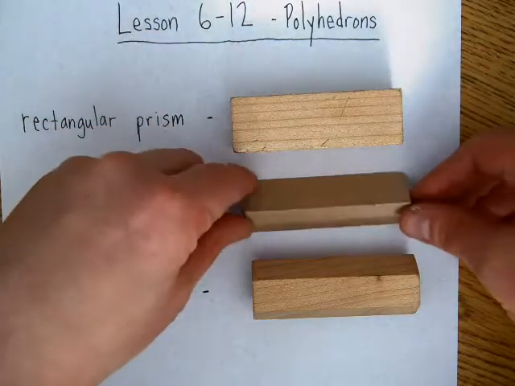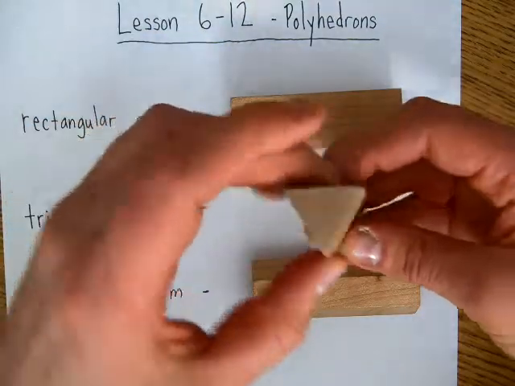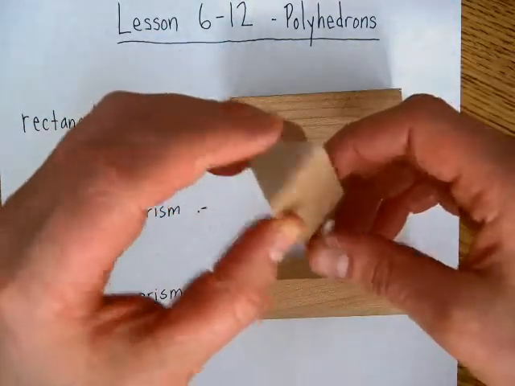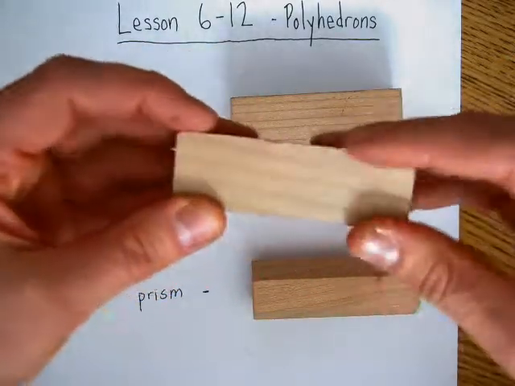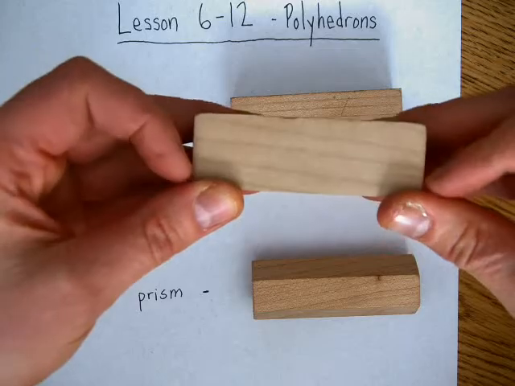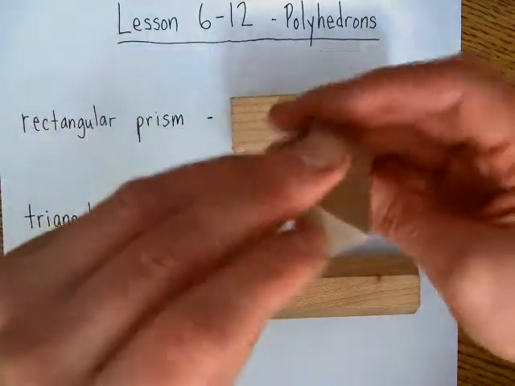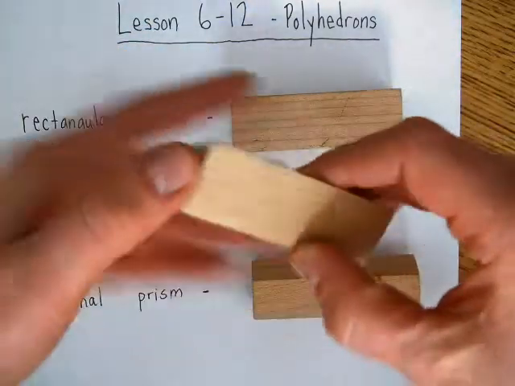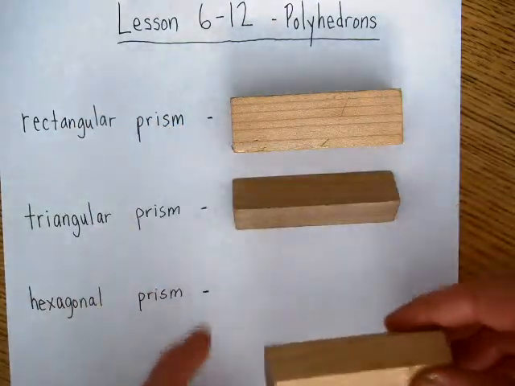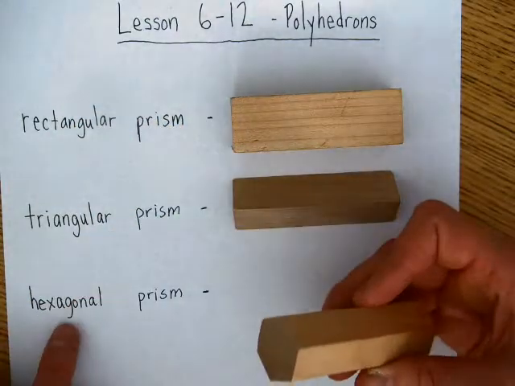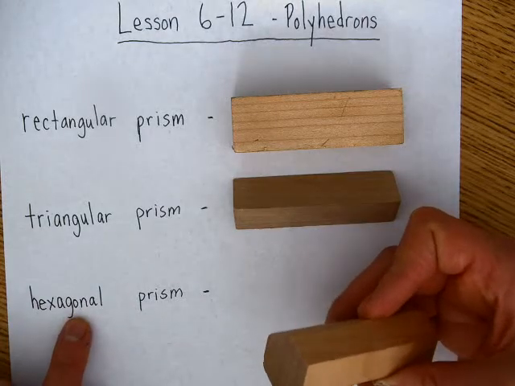The next one is a triangular prism. In a triangular prism, the base is going to be triangular, okay? And there are 3 faces that are rectangles that connect the triangles together. This is a triangular prism. And then there's a hexagonal prism, and you can probably see the word hexagon in there.